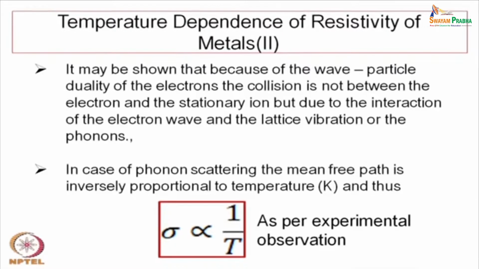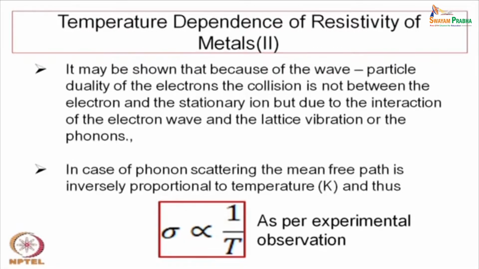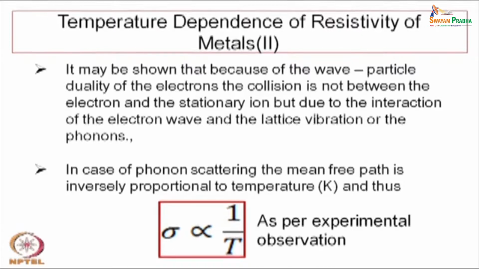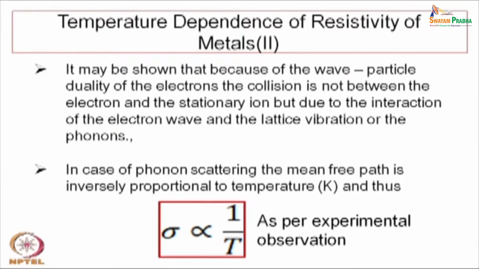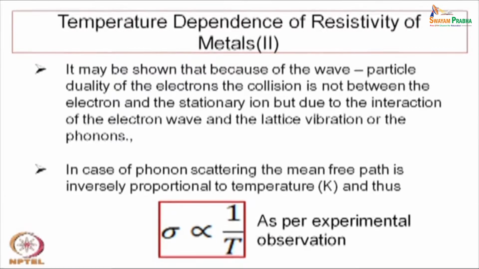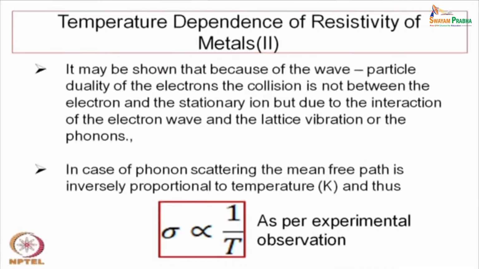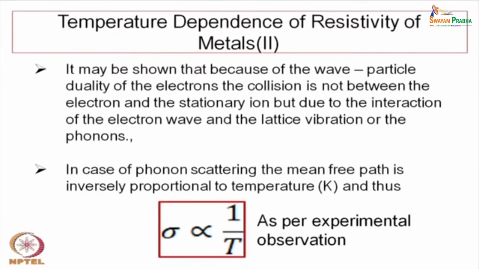So, the collision here is not with the static ion core, but with the vibrational mode of the ion core, and that is possible because the electron has a wave nature. The electron is also a wave, and the lattice vibration is also generating some form of waveforms.